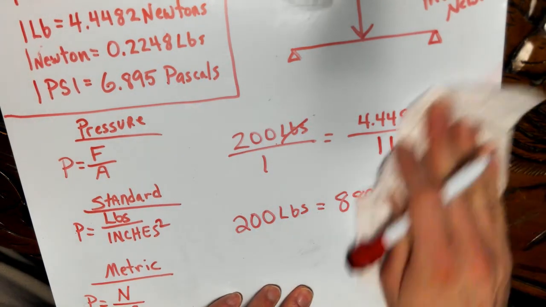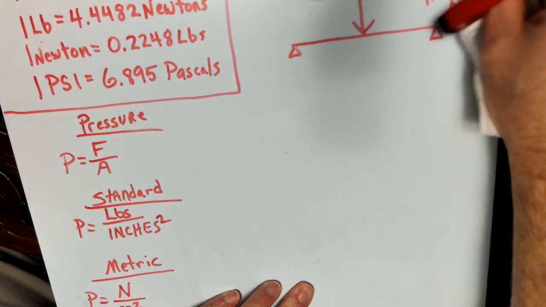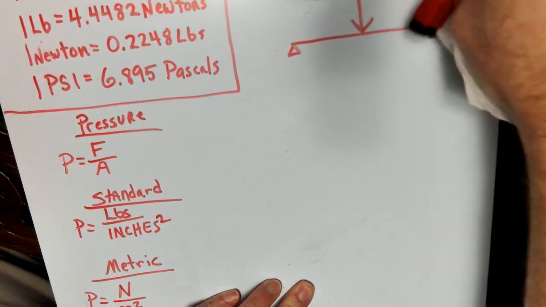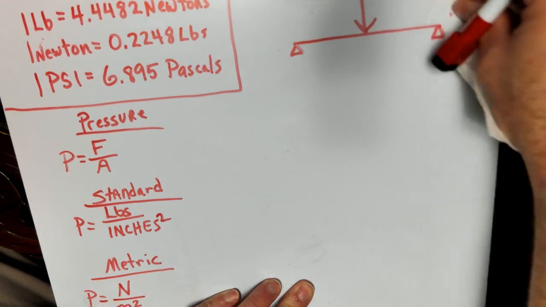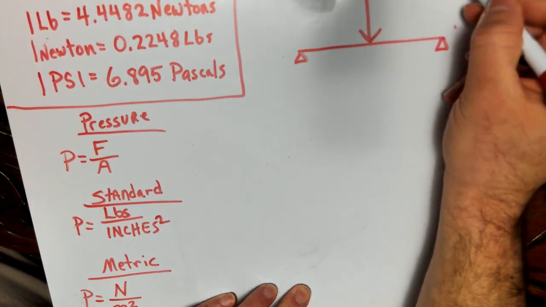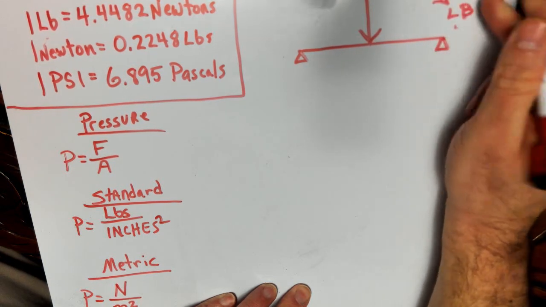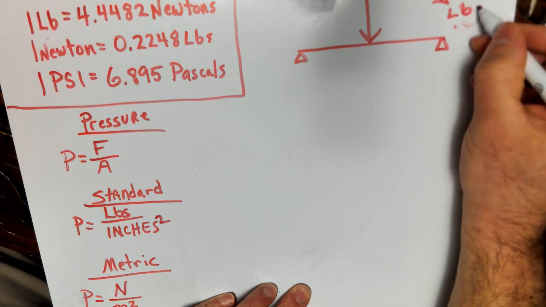So let's go through and we'll do this. I got 5,000 newtons, and I want to convert that into pounds. Okay? Into pounds.